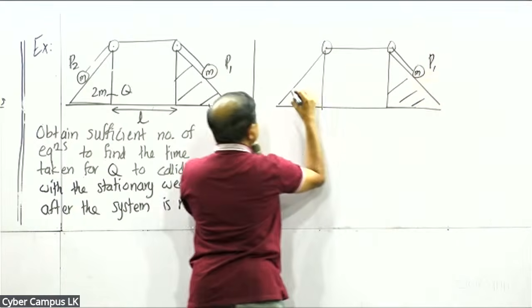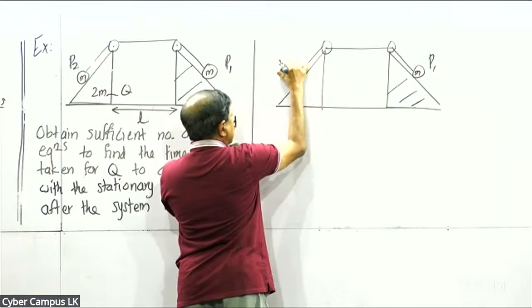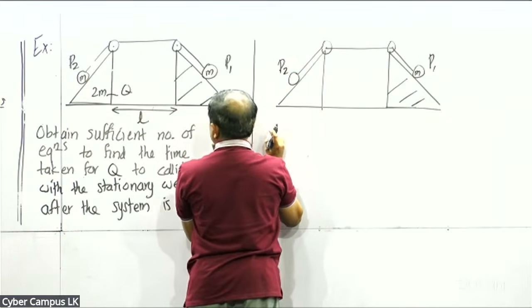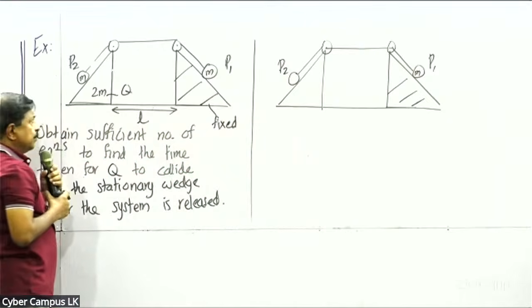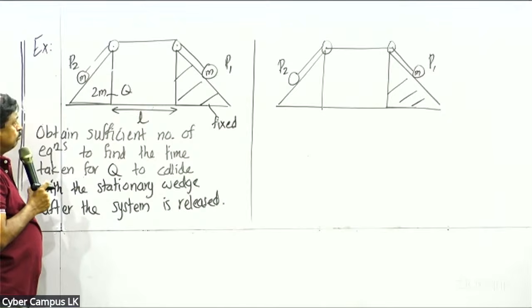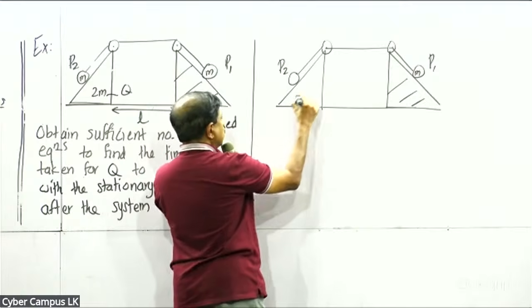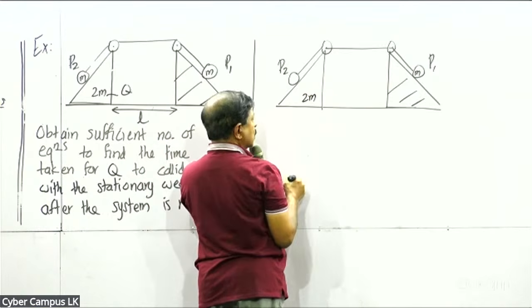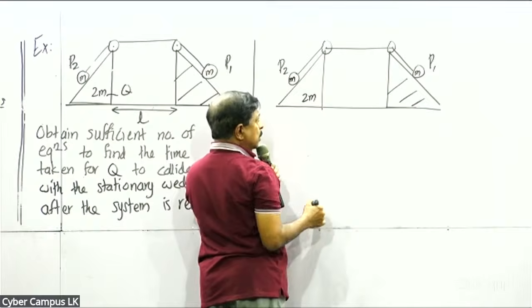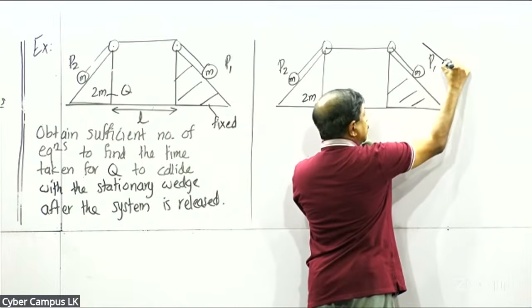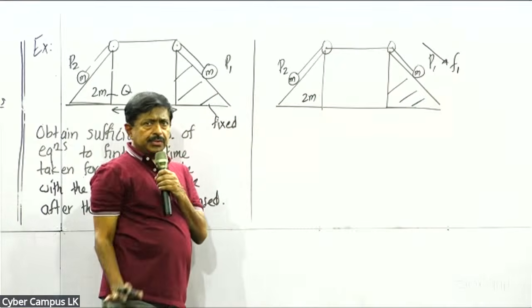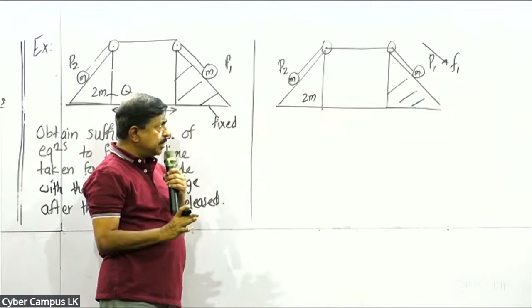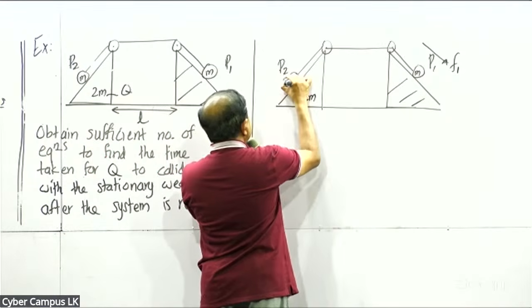This is P1, this is P2, both are equal to M. Now, the acceleration of this, I would say F1, is straight away an acceleration related to the Earth.